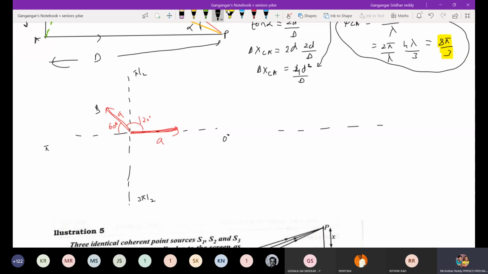So this is B and this is A. The same thing will work out for this one. 0 degrees, pi by 2, pi, 3 pi by 2. What angle does C make? 8 pi by 3 means it will also subtend the same angle. This is C.